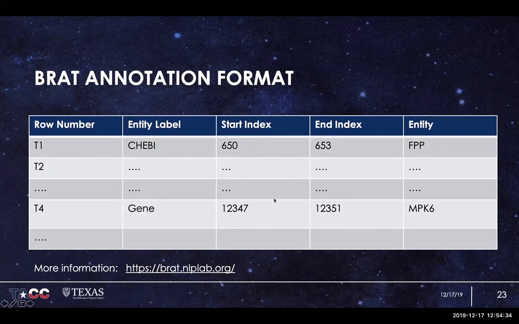Repetitions are allowed, so you could have multiple occurrences of this entity in the text, and it'll show you in subsequent rows where else it occurred in that article.